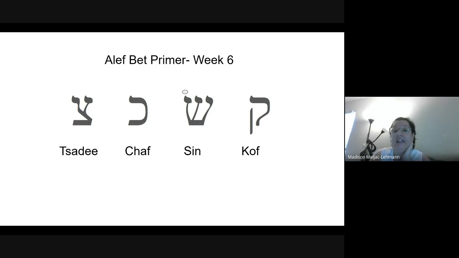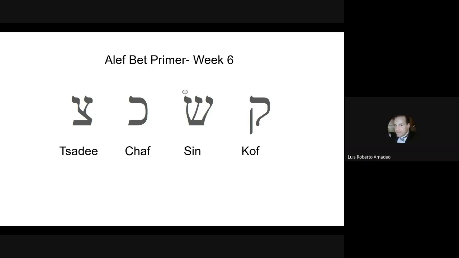Okay. And it's a hard combination to get in the beginning. Also, someone who is a learned good man would be called a tzadik. And it's TS, tzadik. So that's the best way to look at it. It's TS, Tsadi.